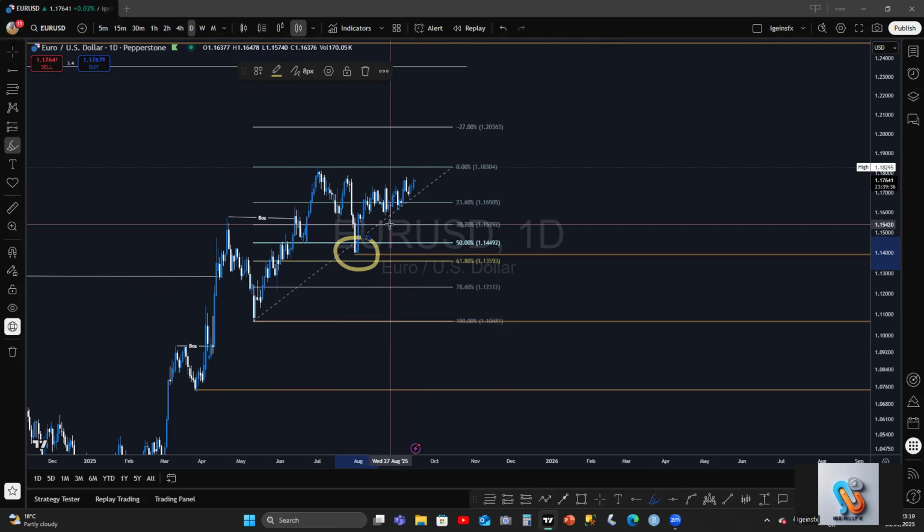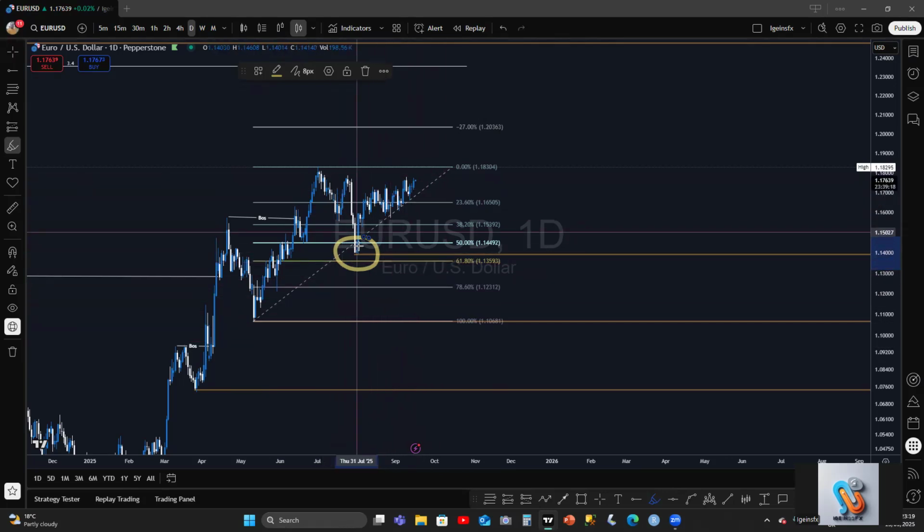If it did not hold price, the next level will be 50%. If 50% still did not hold, if it breaks below it, the next level will be 61.8%. So it's like that.